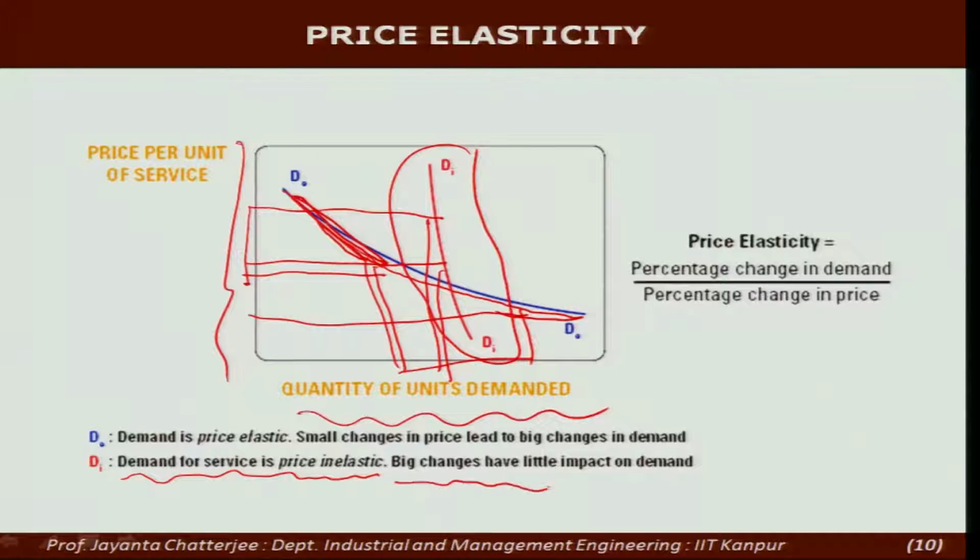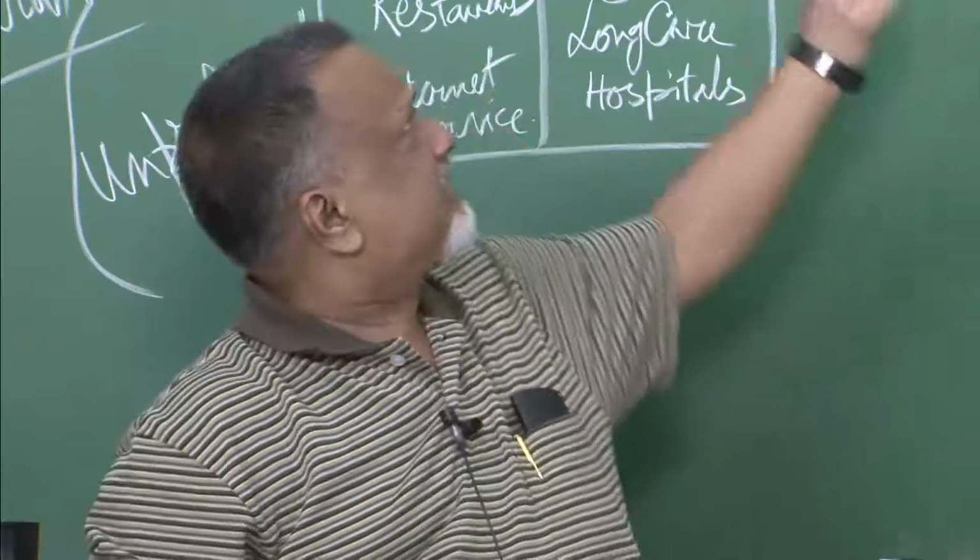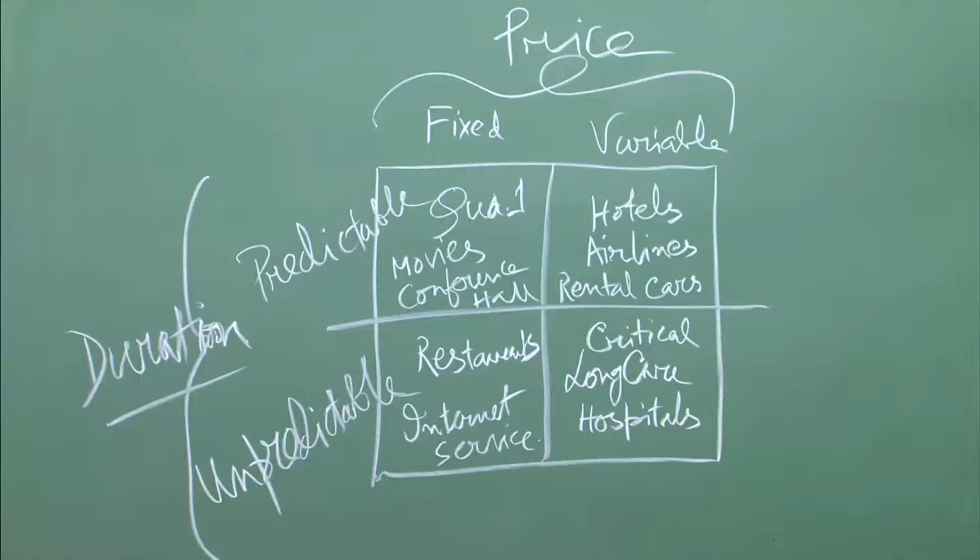Big price changes have little impact on demand, and this is the other D dot, which is demand is price elastic. Small changes in prices lead to big changes in demand.